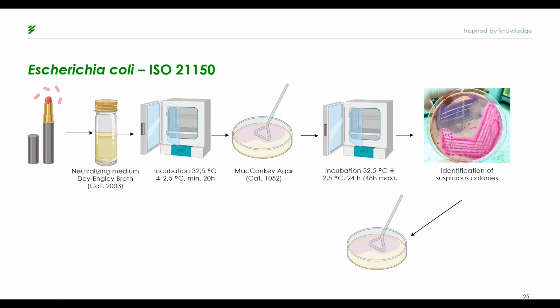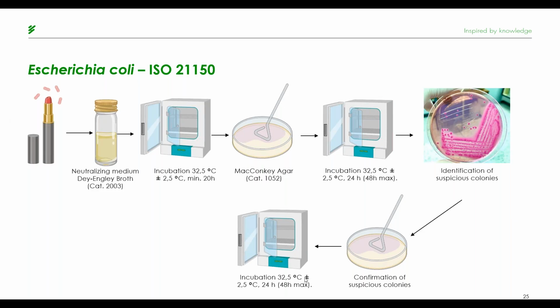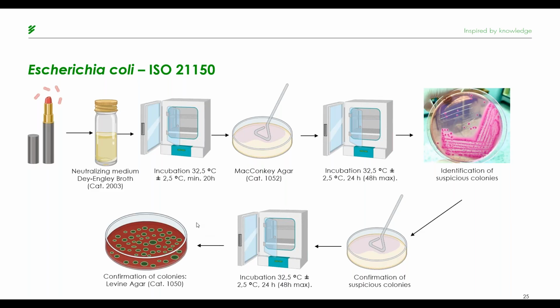Then, to confirm the suspicious colonies, we inoculate a confirmation medium, such as Levine agar, and then we incubate the plate at a temperature of 32.5 degrees Celsius, like before, during a minimum period of 24 hours. After this, we can confirm the colonies of E. coli in Levine agar by the appearance of the colonies.